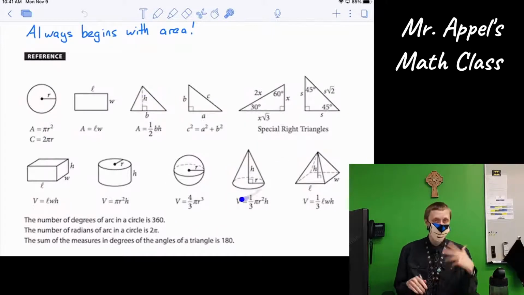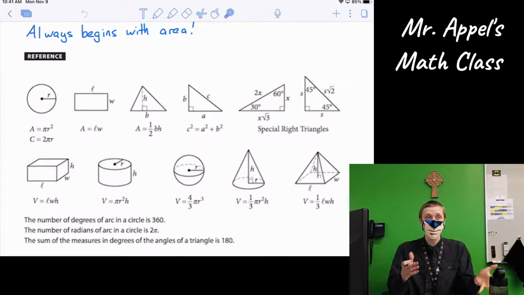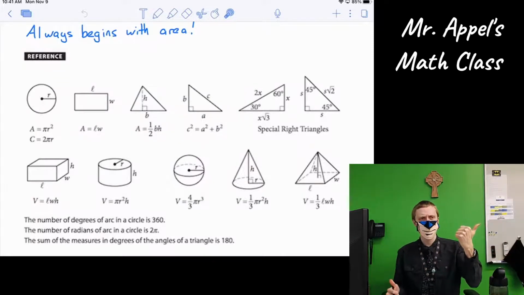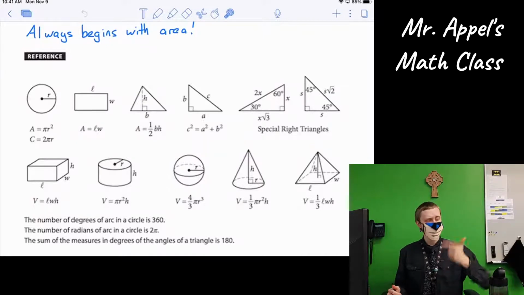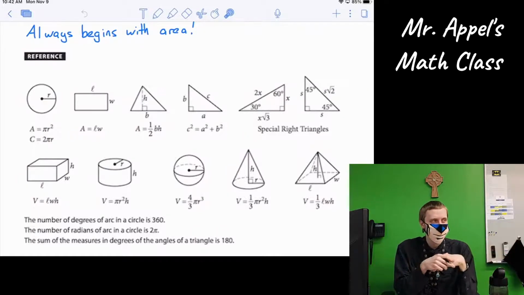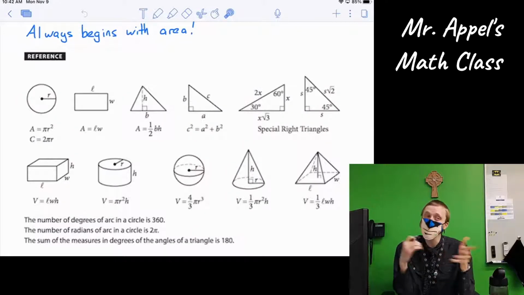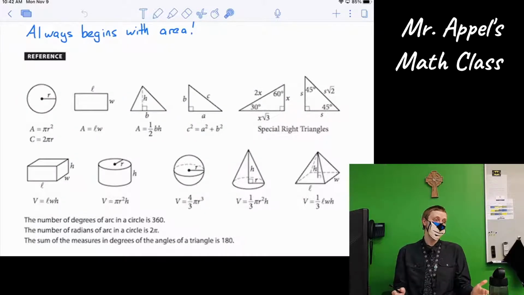The actual process of calculating any of these things is very straightforward. Here's the shape. Figure out which kind of shape it is. Which formula do I need? Which measurements have they given to me? Put them in, calculate the answer. It doesn't get a whole lot more complex than that, even on the SAT. They're relatively straightforward.